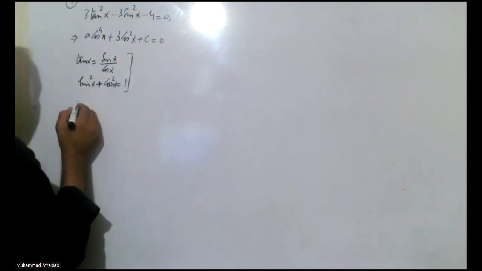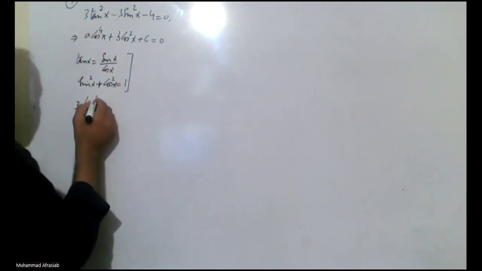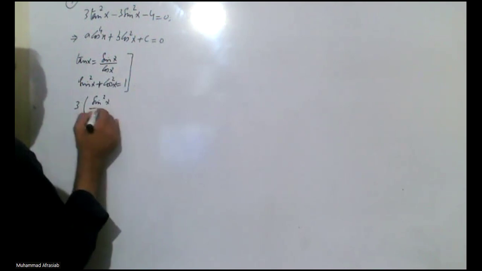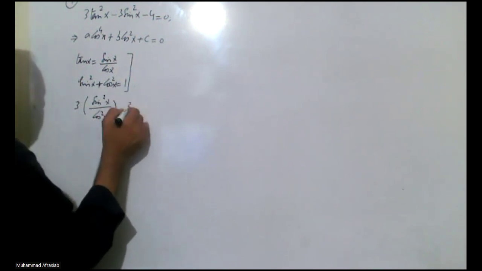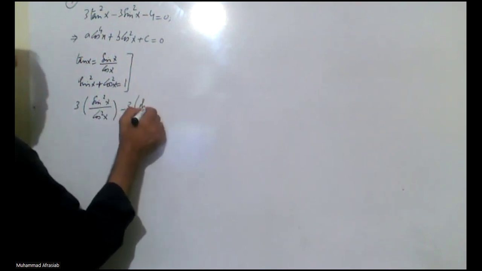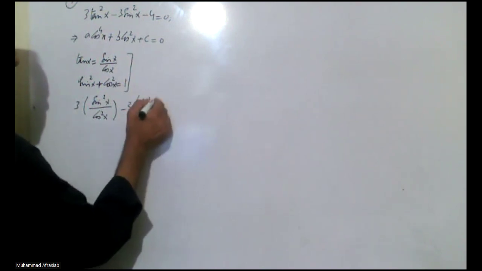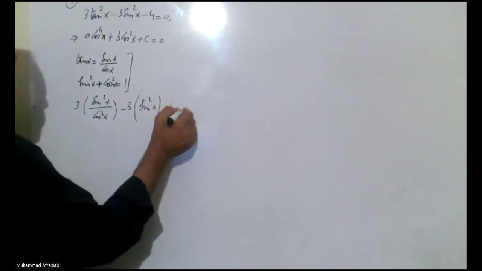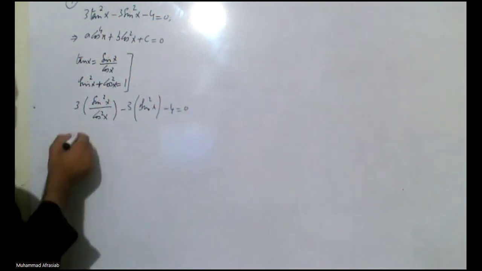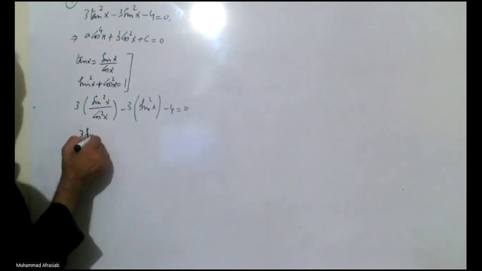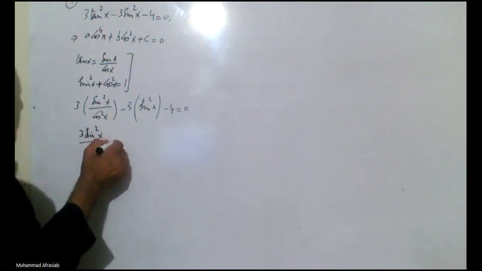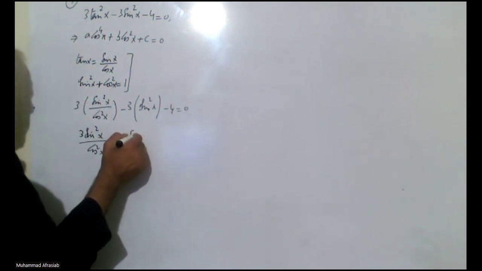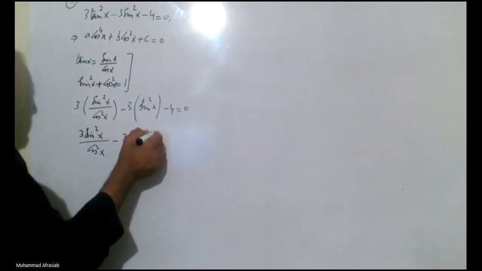It will become 3 tangent square, that means sine square of x over cos square of x, minus 3 sine square of x, minus 4 equal to 0.